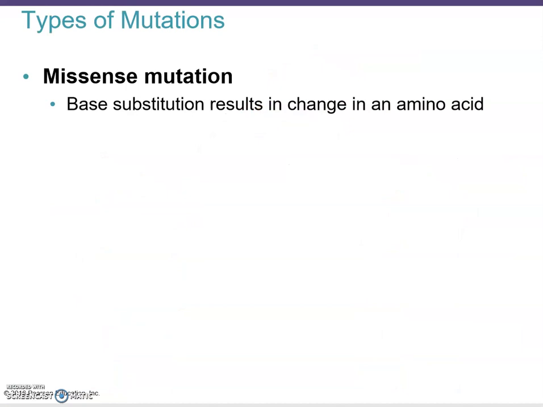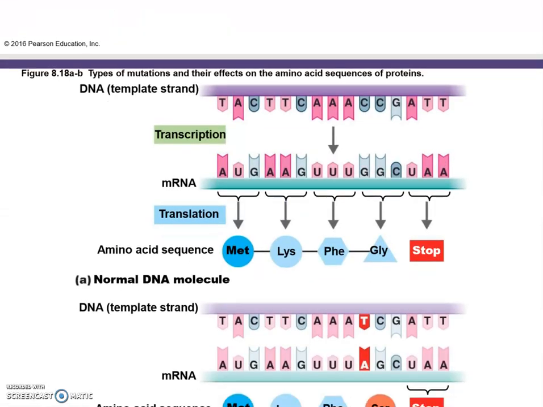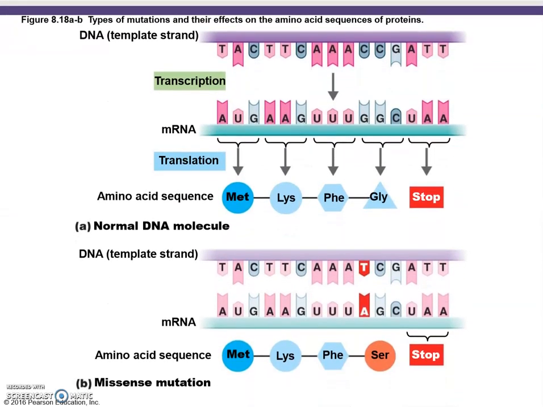The missense mutation is basically one of those base substitutions where the base substitution results in a change of an amino acid, and here's another example given of that. So in panel A up here you have the normal DNA, the template strand, and transcription leading to normal mRNA and translation into this amino acid sequence of methionine, lysine, phenylalanine, glycine, and a stop codon.